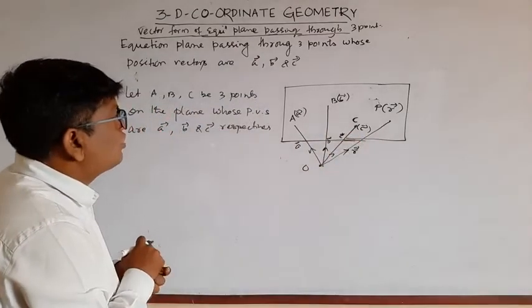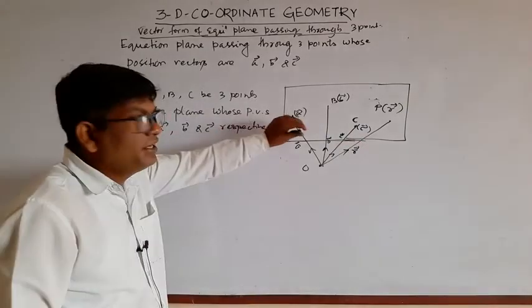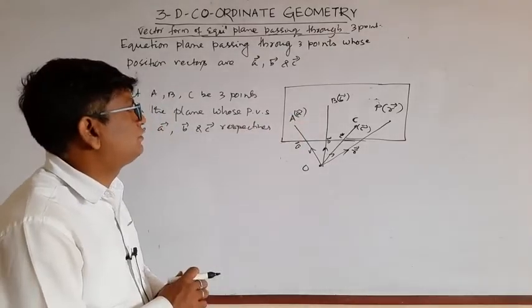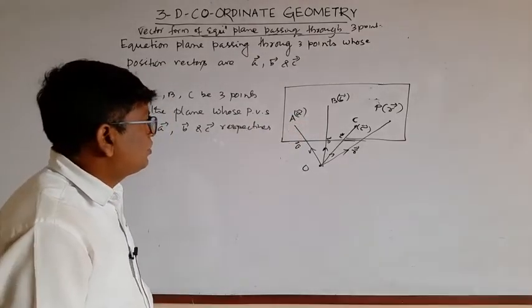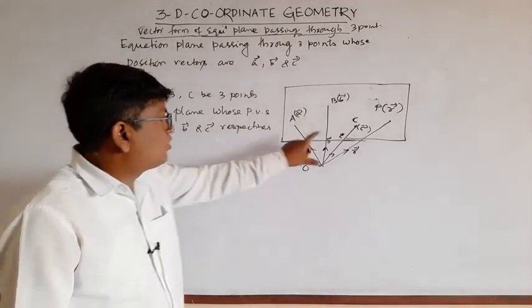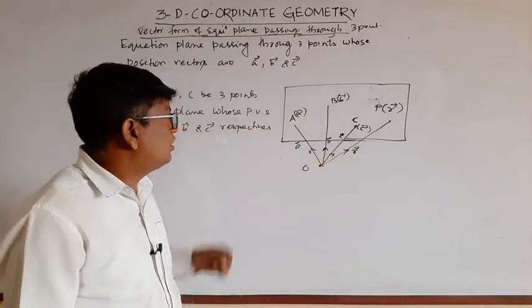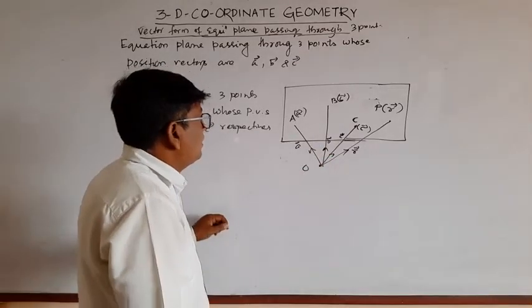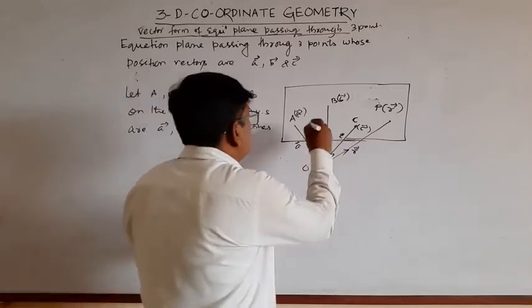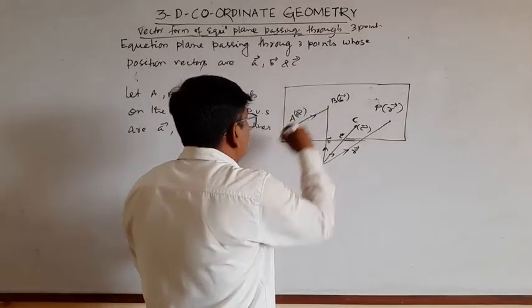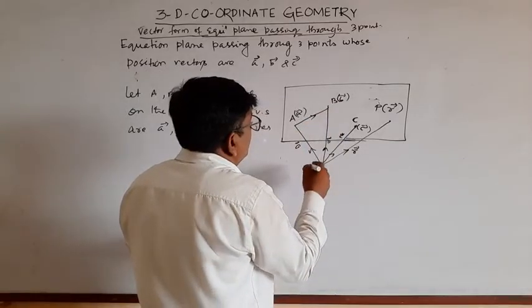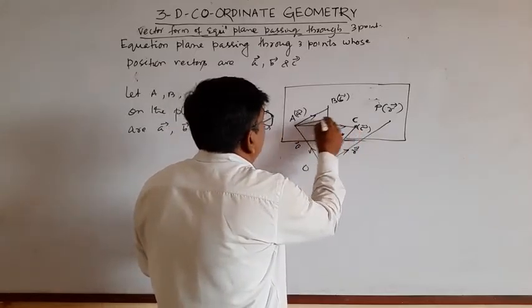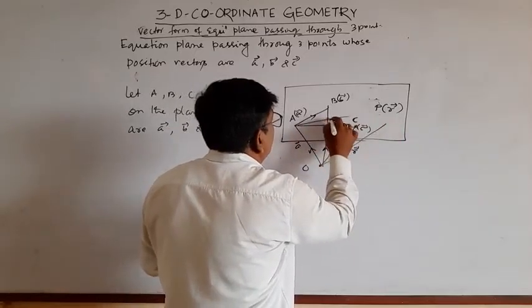So B cross C is perpendicular to the plane containing OB and OC. Then this is AB vector, this is AC vector, and this is AP vector.